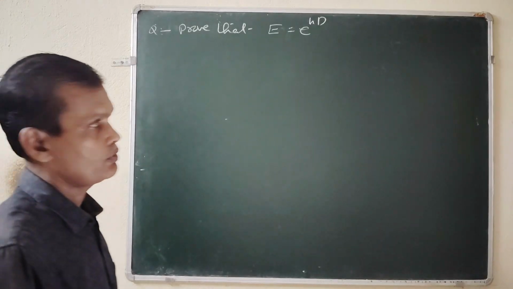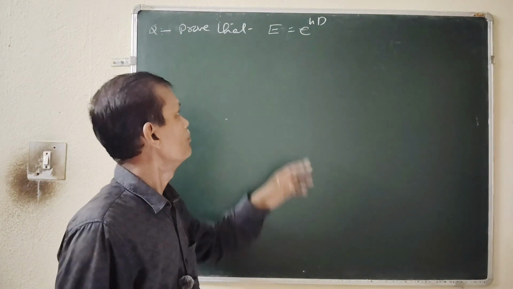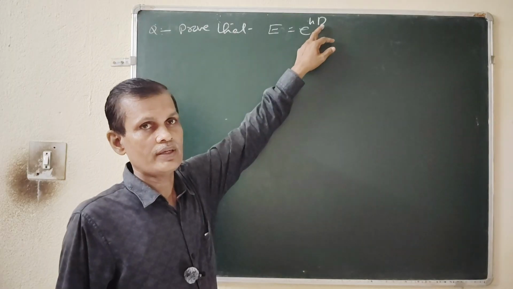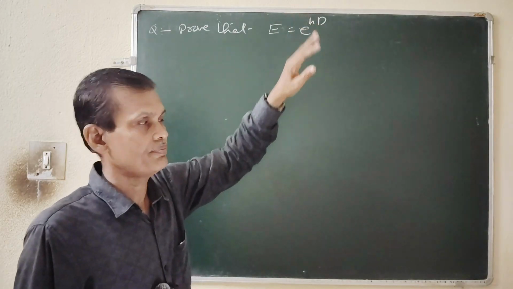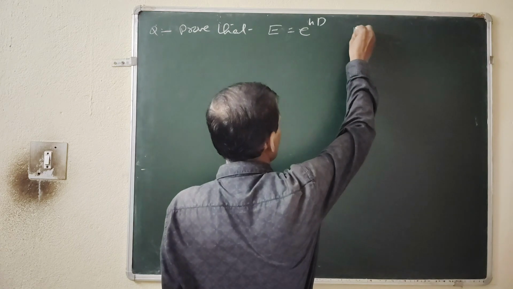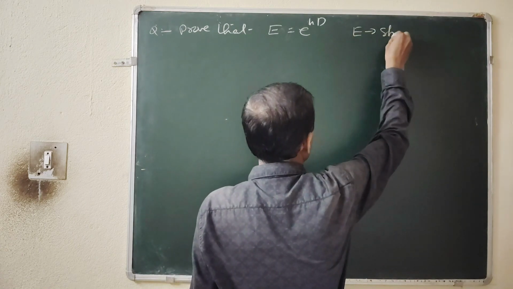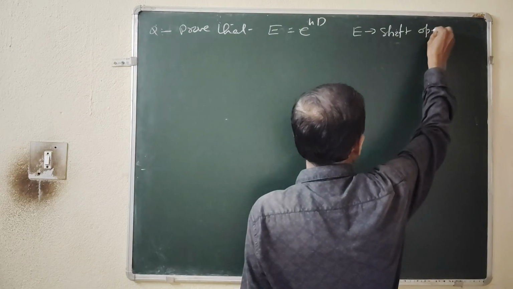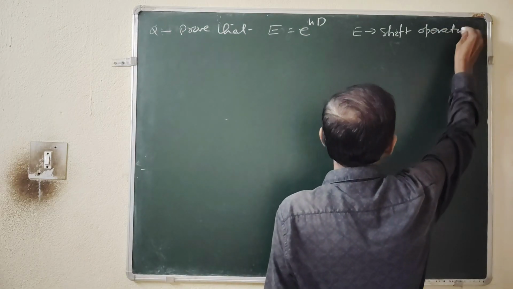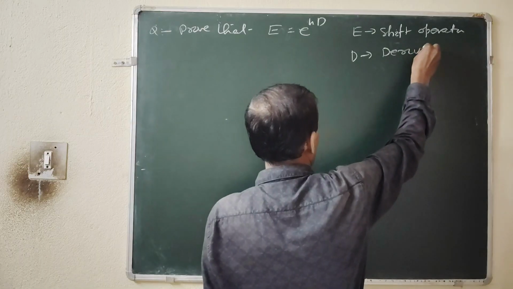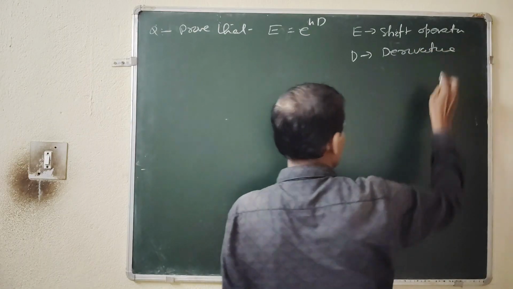Now using the shift operator, we will prove E is equal to e to the power hD, where D is the derivative or the differential. E is the shift operator, and D is the derivative.